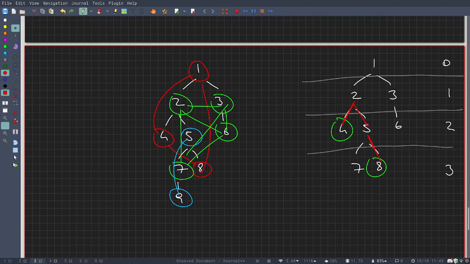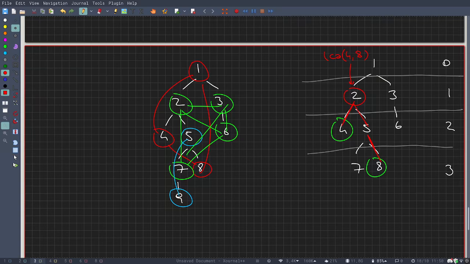Yeah, and we can divide it into two parts. You can see that the path goes upper, and then it reaches some node, which is called the lowest common ancestor of nodes 4 and 8. And then you go down again.